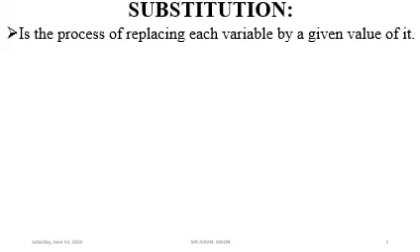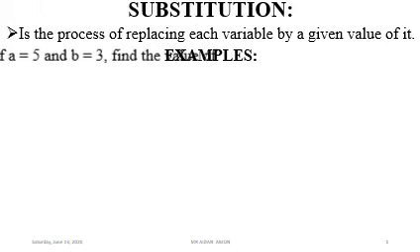It is like a sub in a match: one is entering and another is coming out. You just interchange. Okay, let us check some examples very quickly without wasting our time.